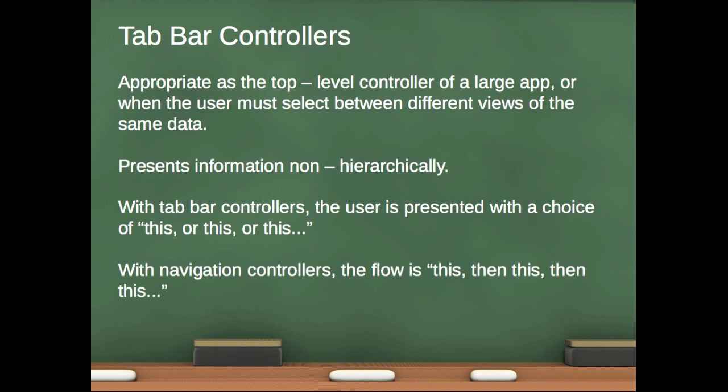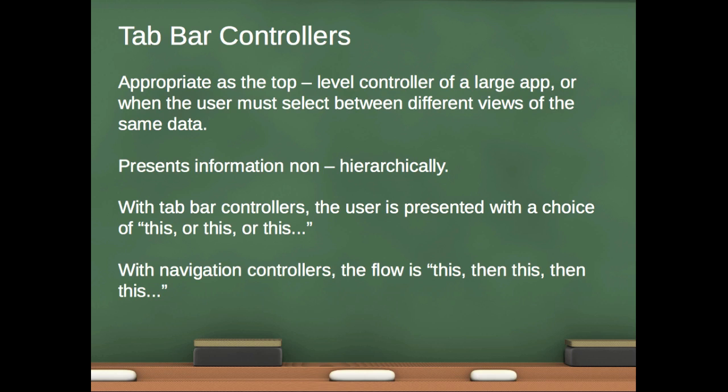Tab bar controllers are appropriate many times as a top-level controller of a large application which branches into other view controllers, or whenever the user must select between different views of the same data. What I'm saying is, it presents the information non-hierarchically.